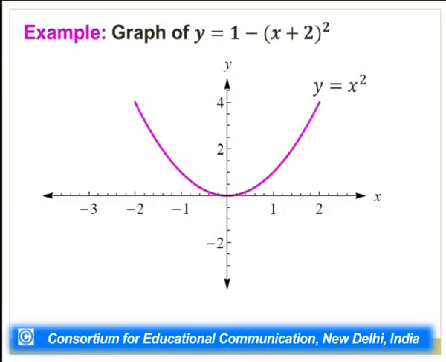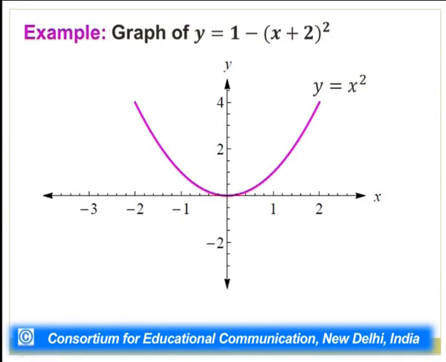Let me quickly walk you through a couple of examples to illustrate the shifting of graphs. So for example, if I ask you the question, draw the graph of y equal to 1 minus (x plus 2) the whole square, and you do that from the graph of y equal to x square. So the slide here shows you the graph of y equal to x square.